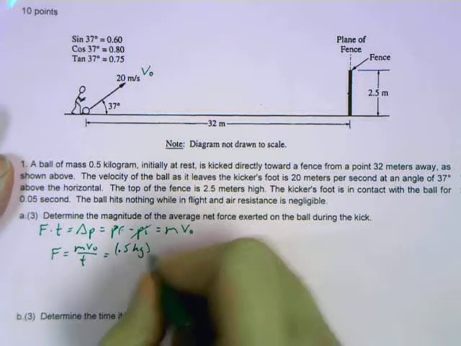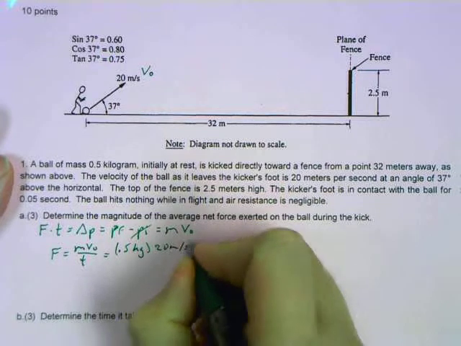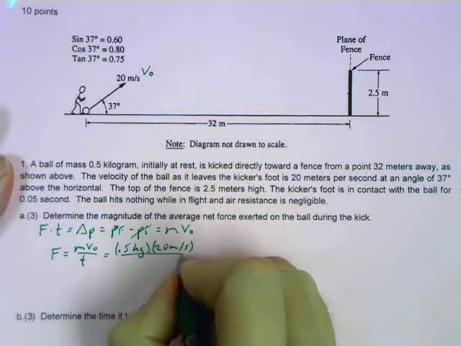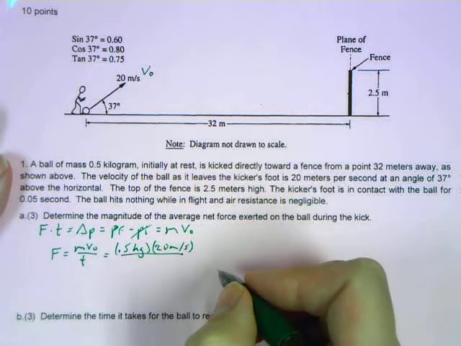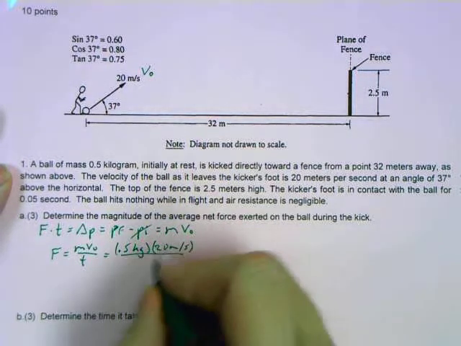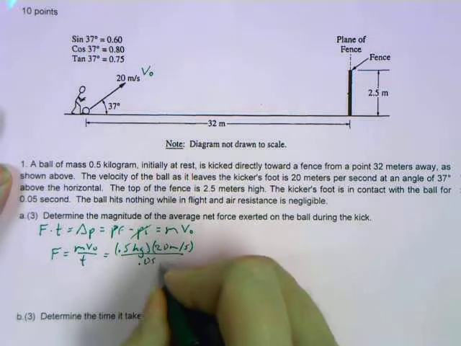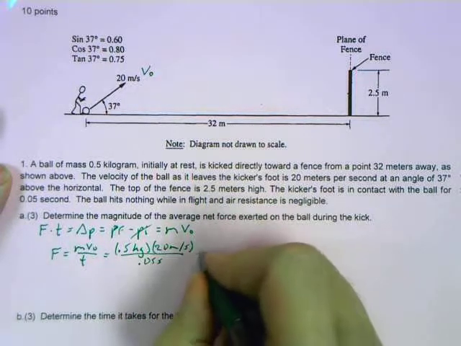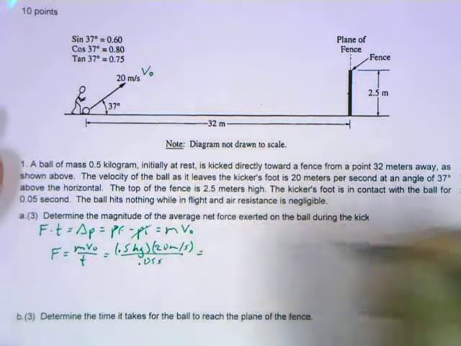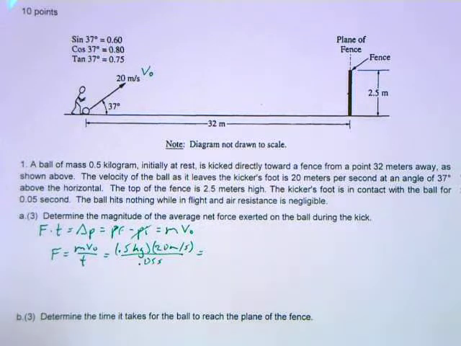The velocity was 20 meters per second. Don't care about the direction. We just want the magnitude of the new momentum. The time involved was 0.05 seconds. And so we end up with 20 times 0.5 divided by 0.05. I know I could probably do that in my head.